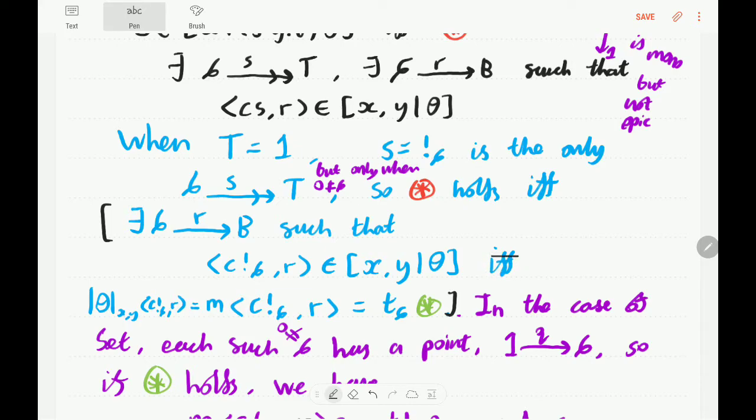Now this holds if and only if the interpretation of theta, which is m, after C exclamation mark zeta comma R gives true.